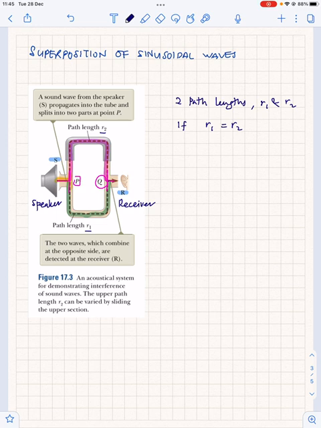And what happened here at the receiver? The sound waves reunited and produce constructive interference.